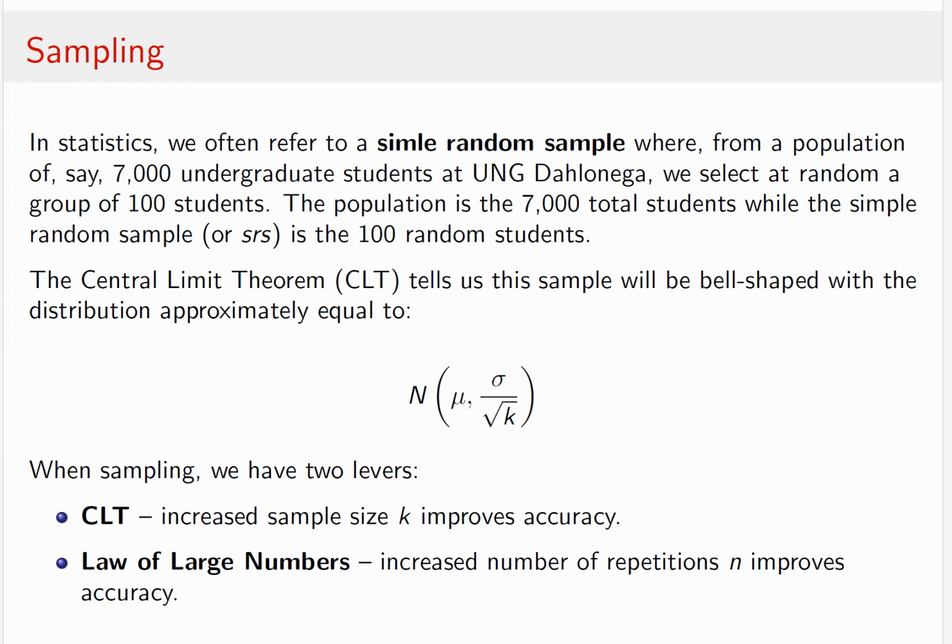So we have two different levers. With the CLT, we can keep increasing the sample size to improve accuracy. And with the law of large numbers, we can increase the number of repetitions to improve accuracy. So we always start with the central limit theorem.